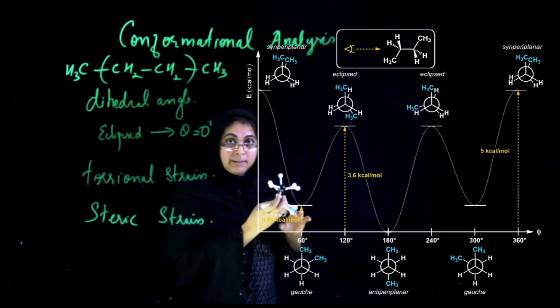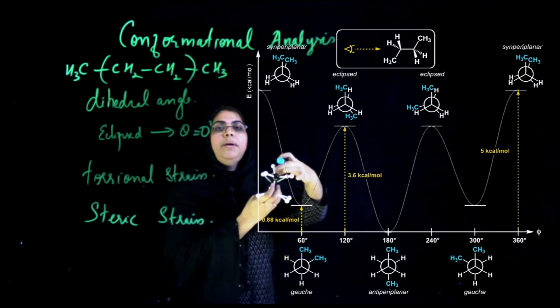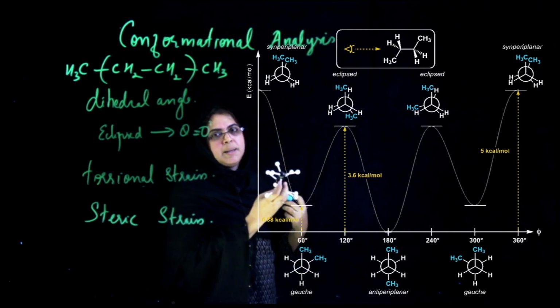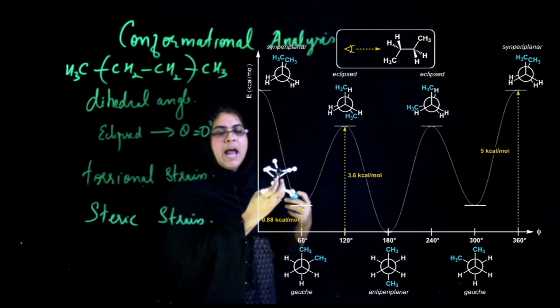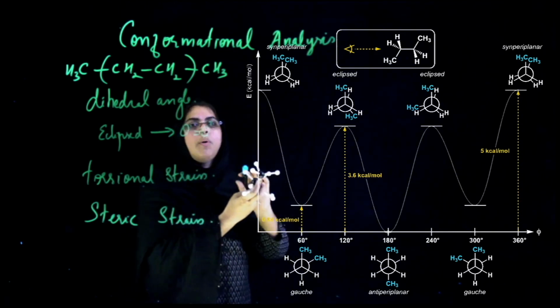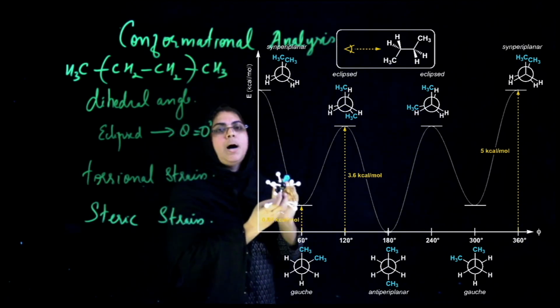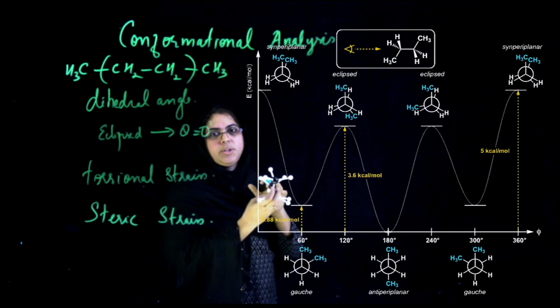When the distance is less than the van der Waals radii, there will be repulsion between the substituent groups, and that gives steric strain to the molecule.